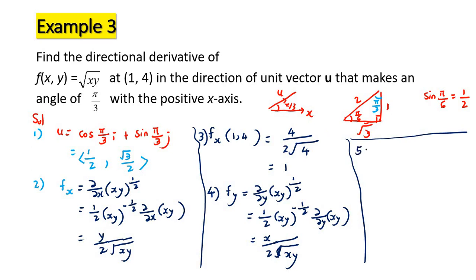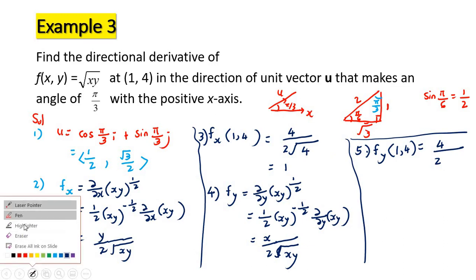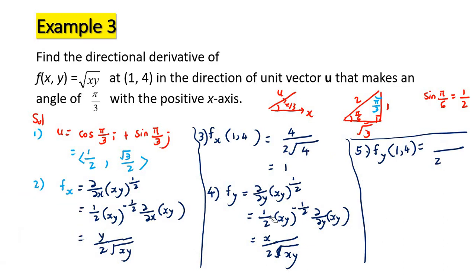So the fifth step: fy at the point (1, 4). x is 1, y is 4, x times y, then square root of 4 is 2, so you get 1 over 4.